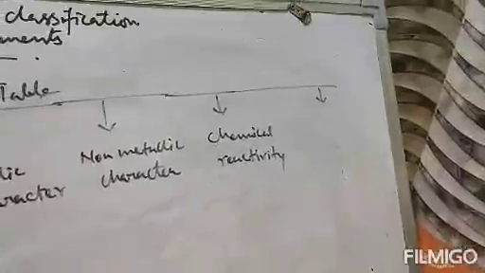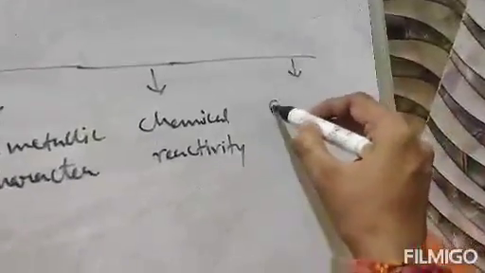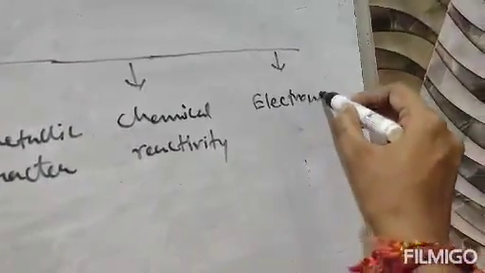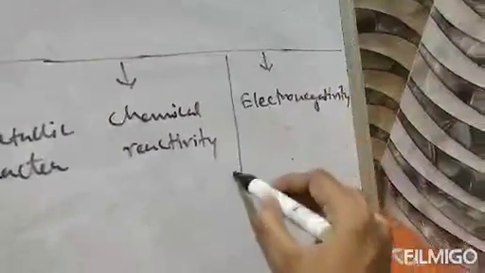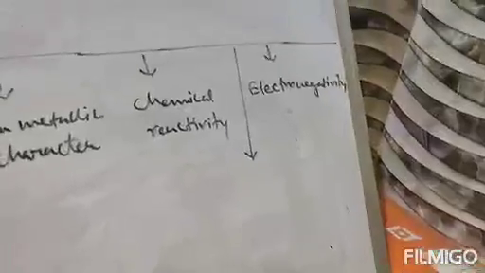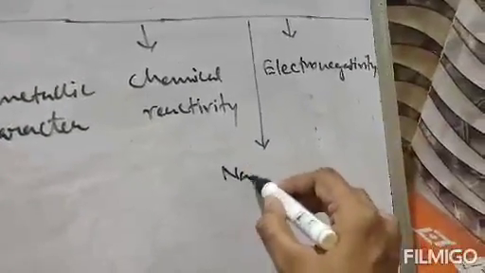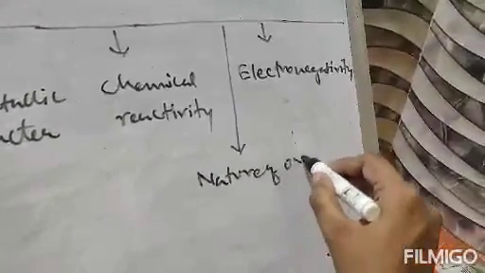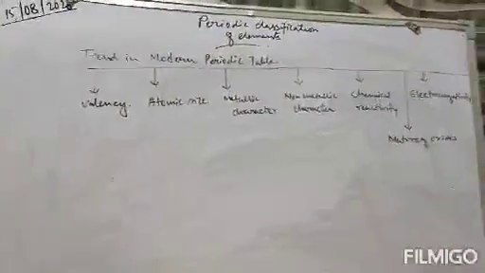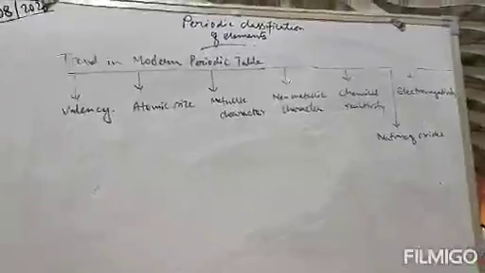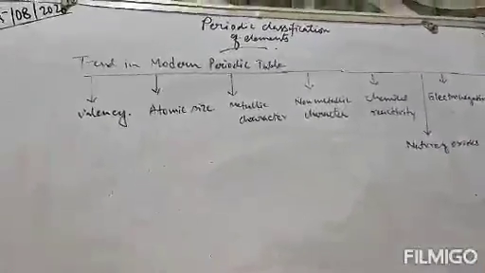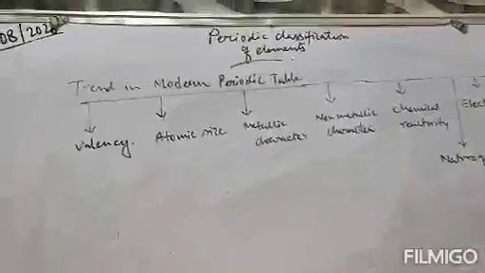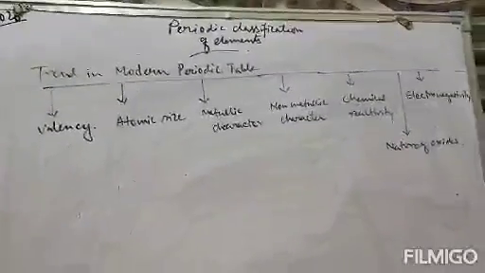After chemical reactivity, how electronegativity changes in the modern periodic table. After electronegativity, there is the nature of oxides. All these properties, how they change when moving from left to right in a period or moving down a group in the modern periodic table, we will discuss in detail in this section.